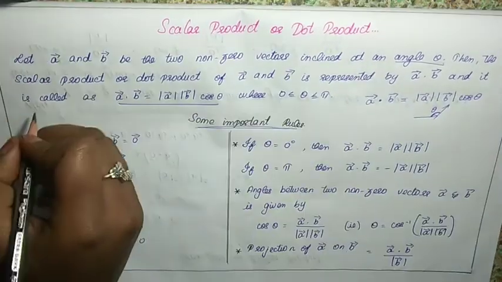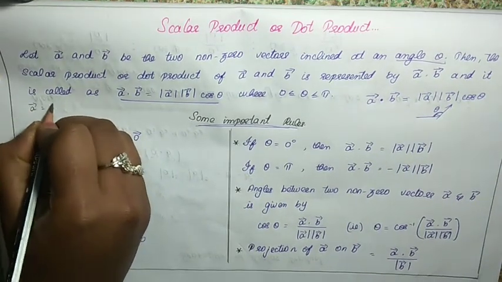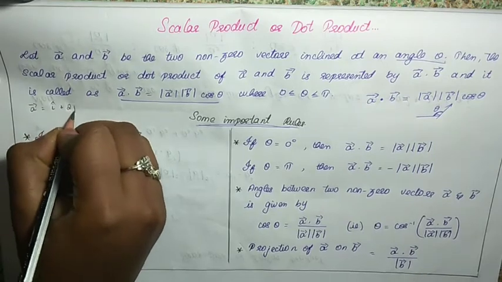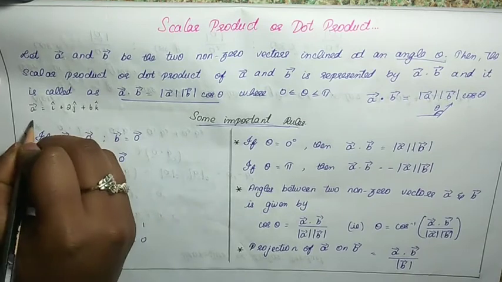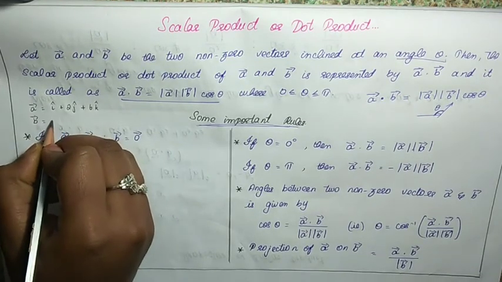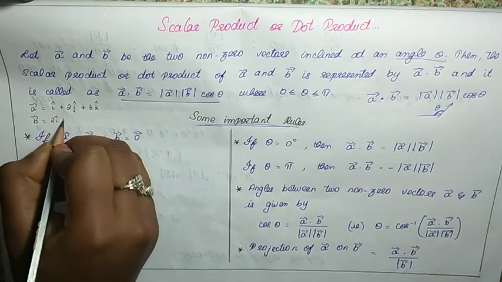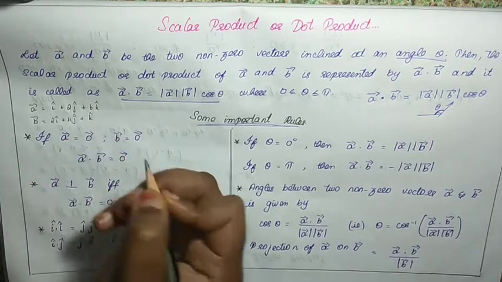Now let a vector equal i cap plus 2 j cap plus 6 k cap, and b vector equal 2 i cap plus 4 j cap plus k cap.